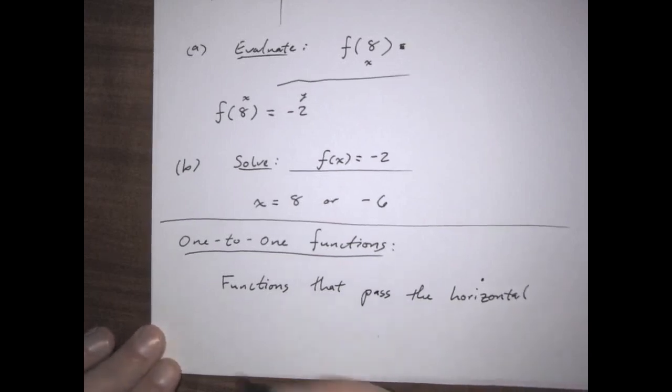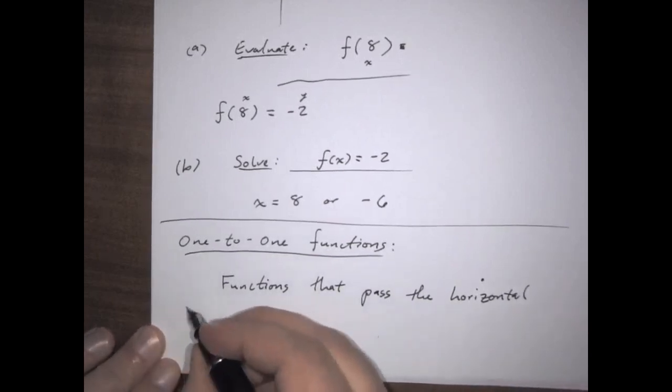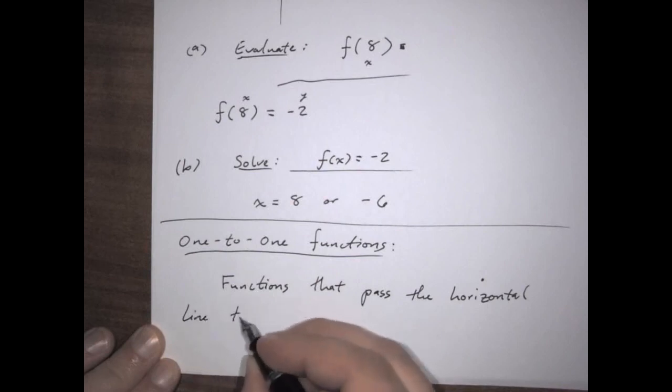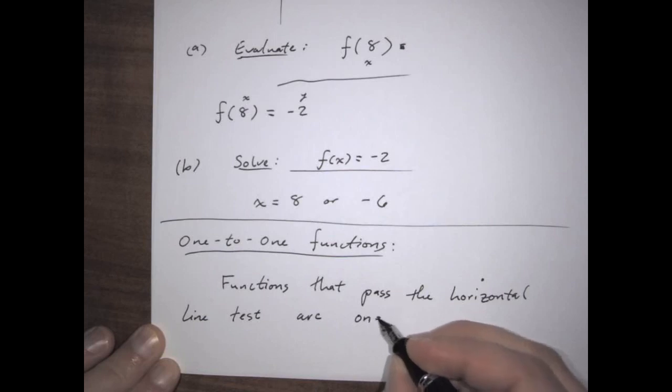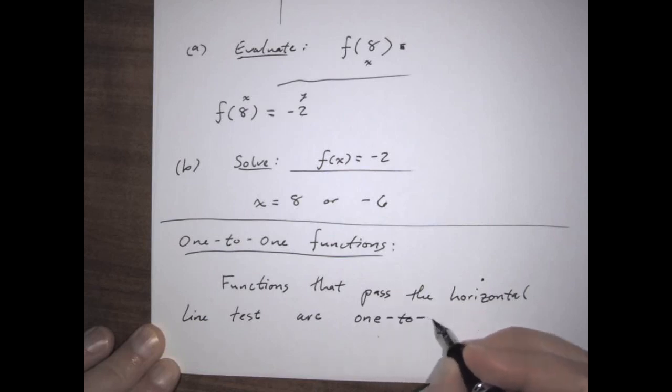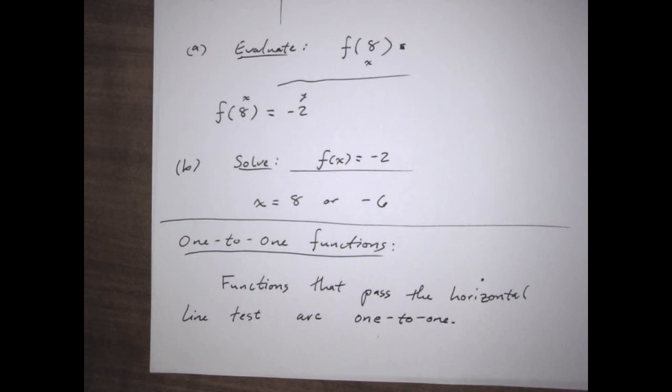So functions that pass the horizontal line test are 1 to 1.